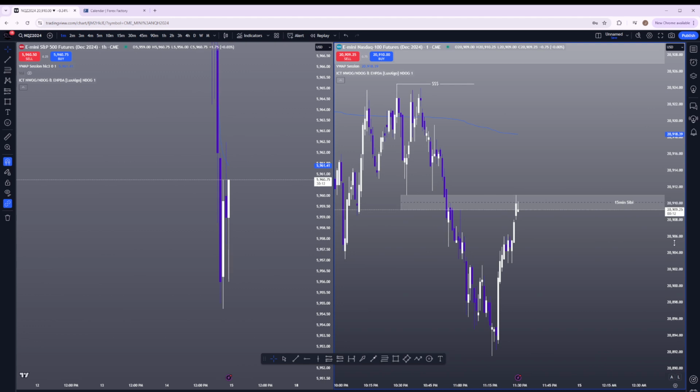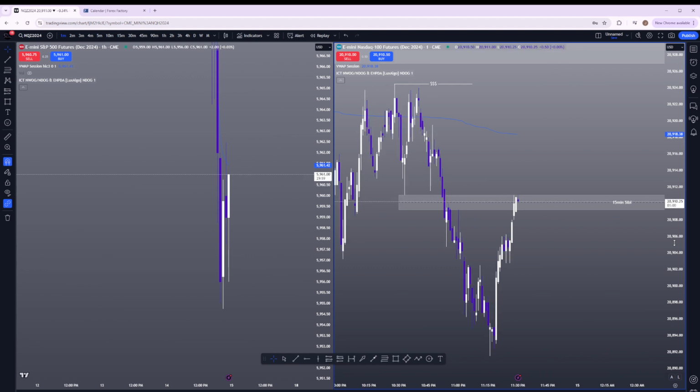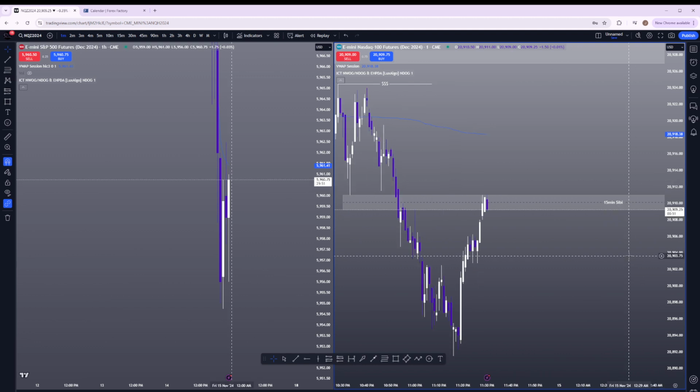Guys, I need to check my fantasy team real quick. I don't know how my fantasy team is doing. I'm kind of scared. Oh, the game's over. Saquon Barkley got me 33 points. I will take that.